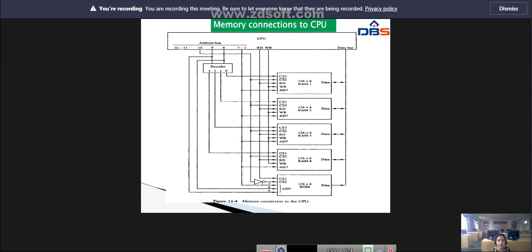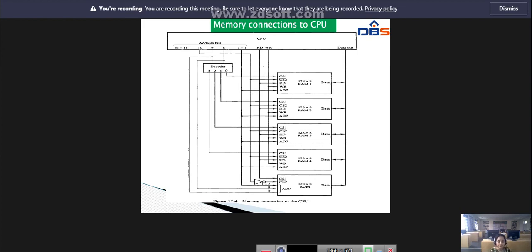When address lines 8 and 9 are 0, 0, the first RAM chip is selected, and when 0, 1, the second RAM chip is selected, and so on. The read and write outputs from the microprocessor are applied to the inputs of each RAM chip.